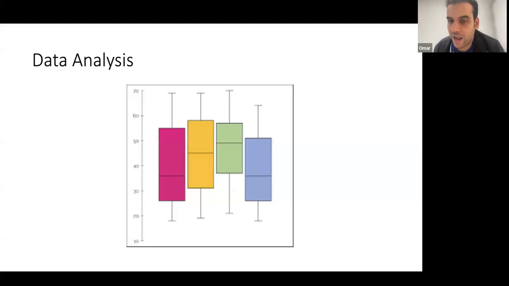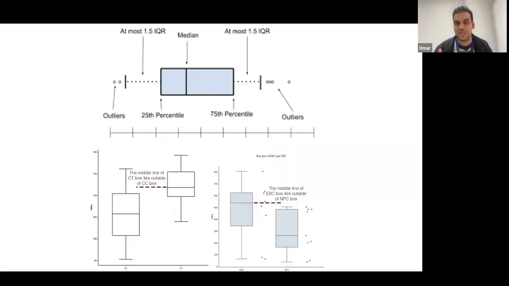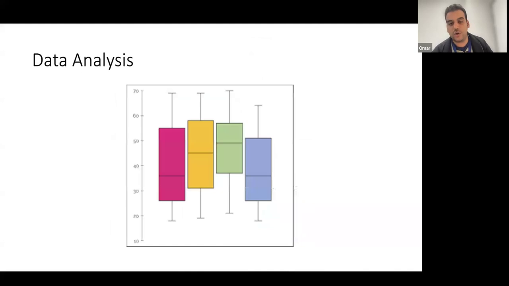Does that make sense? Does anyone have any questions about this? Because this is something that you can tell a lot. So you could be given a box and whisker plot of 2 different groups with very little information, and they'll ask you, can you tell us a bit about what you're seeing? Okay, so you comment and you say there is a wide range because of the maximum and the minimum here.